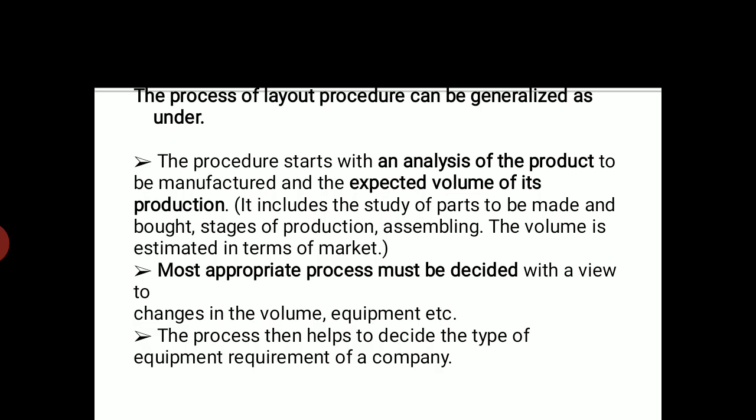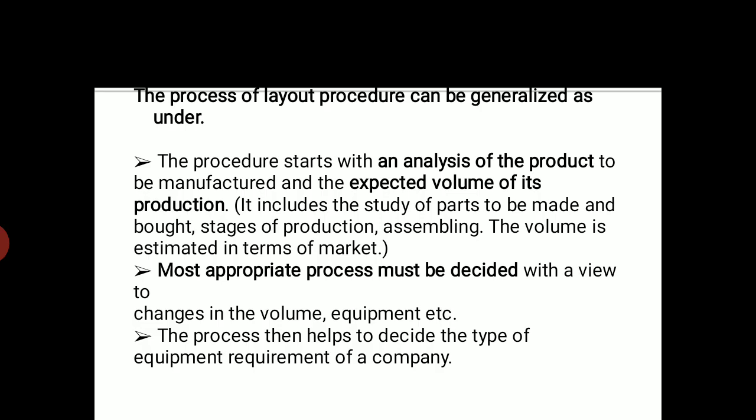When I decide this, only then can I work out my facility, that means facility layout, right? So the first stage is to analyze and study what type of product we are going to make, what the production process will be, and what the expected volume will be.